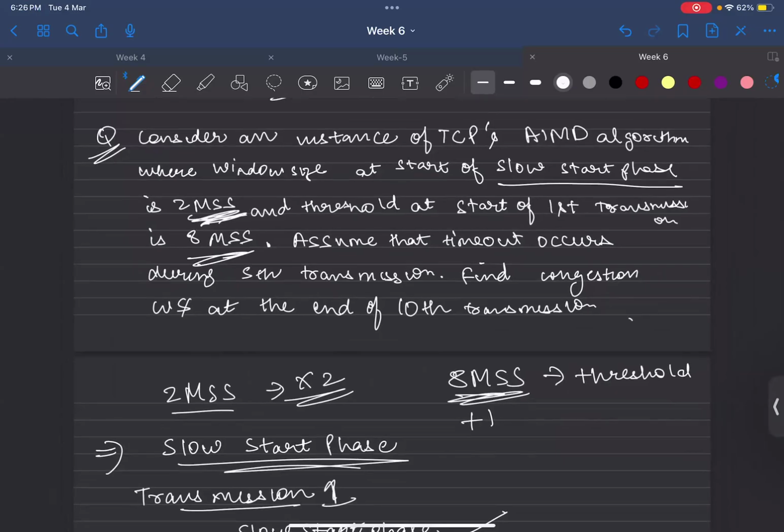So what we are doing here is first of all having the slow start phase. In the slow start phase we are multiplying by 2 until the threshold is achieved. Why two? It's the rule that we are doing an exponential increase here.